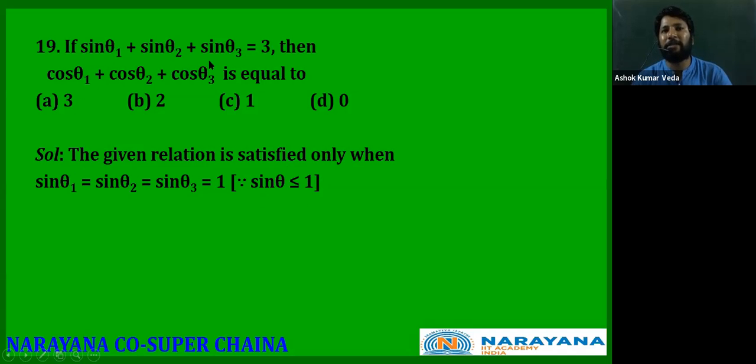And when each of these terms is equal to 1, think about it. What happens whenever sine theta is equal to 1? Which is the angle that you know where sine theta is equal to 1? 90 degrees, right? As you proceed, you will learn about more angles. But right now with this knowledge, since you know sine theta is equal to 1 when theta is 90 degrees, what is cos 90? 0, right? So in general, whenever sine theta is 1, cos theta must be 0.